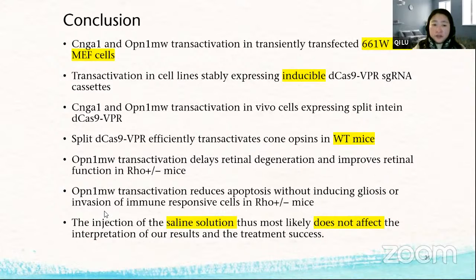The gliosis and immune response data are quite persuasive, but reduced apoptosis, maybe, but the time point they chose, 1 year old, still makes me doubtful. And lastly, they also provide experimental data showing that the saline solution treatment is safe.